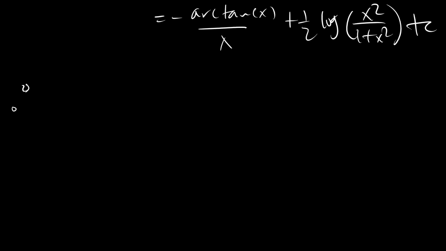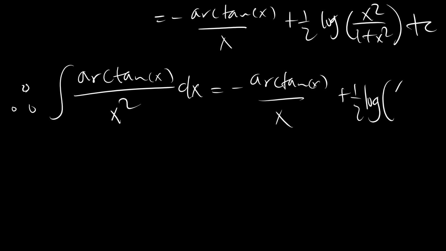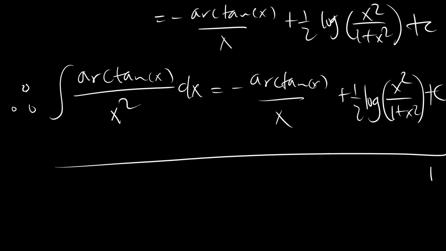Therefore, our integral of the arctangent of x over x squared is arctangent of x over x plus a half natural log of x squared over 1 plus x squared plus the integration constant. And that happens to be our answer.